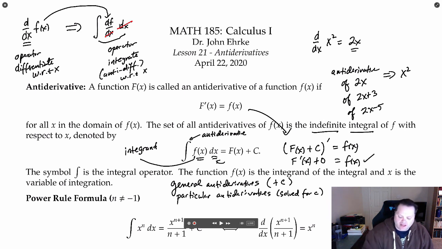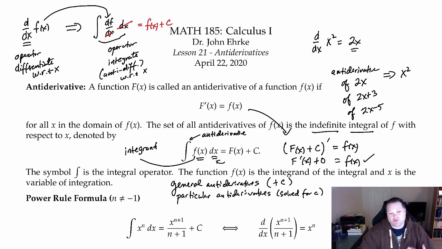Those two cancel out, leaving you with just f of x, which we know is what should happen there. If you take the antiderivative of the derivative, those should just cancel out and give you the function f. It turns out it gives you the function f of x plus a constant, like we've talked about so far. But that's one of the reasons for the dx being there, so that notationally this makes sense. There's actually a deeper reason for the dx to be there, and you'll talk about that deeper reason in Cal 2.